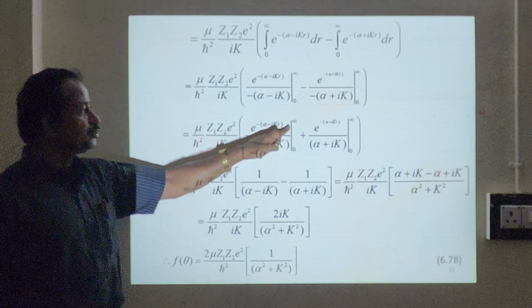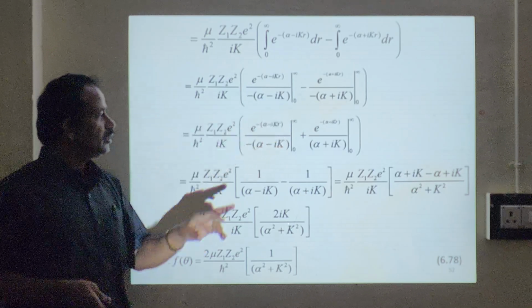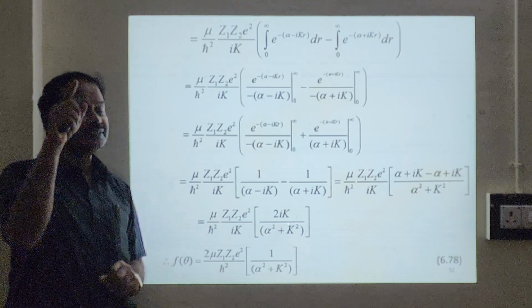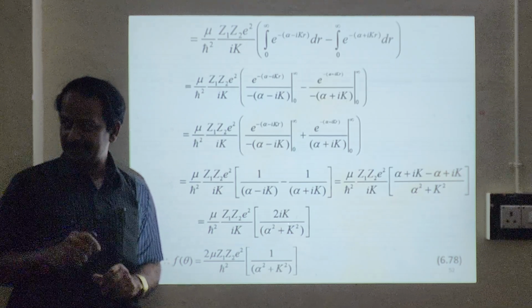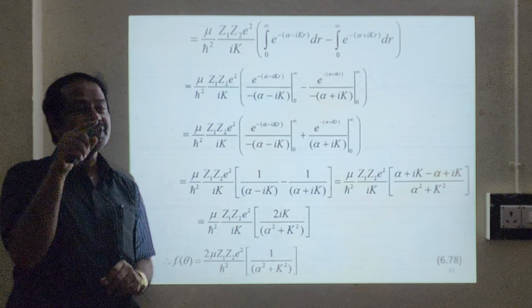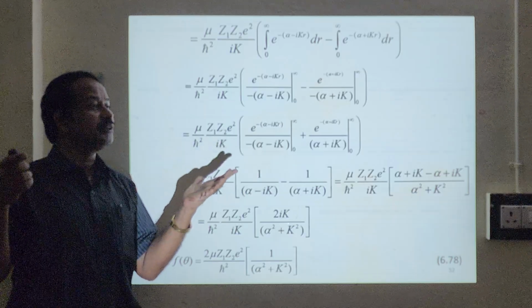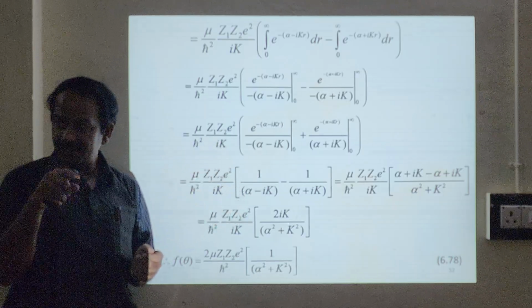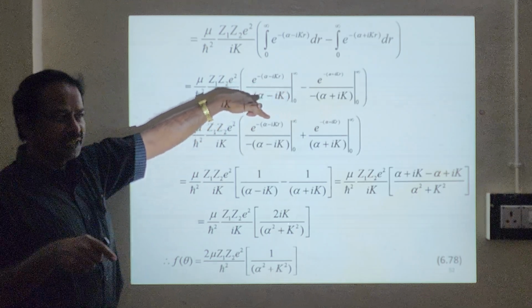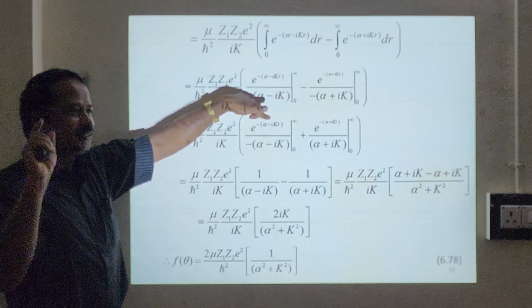Now we are going to substitute the first upper limit. E power minus infinity can be written as 1 by e power infinity. Anything to the power infinity is infinity, so 1 by infinity is 0. After substituting the upper limit, the answer will be 0.